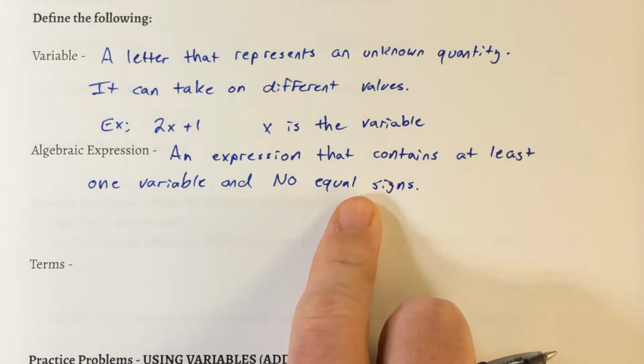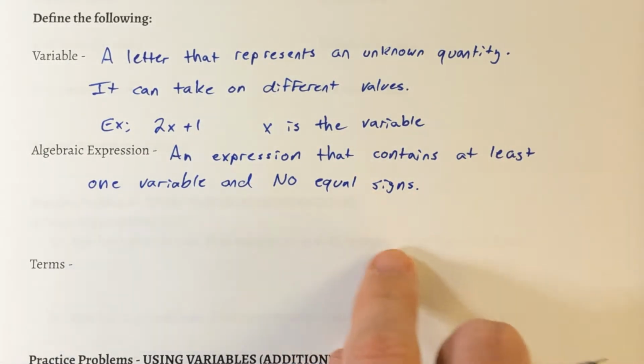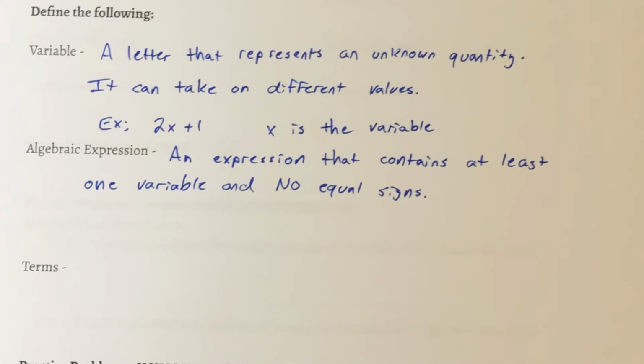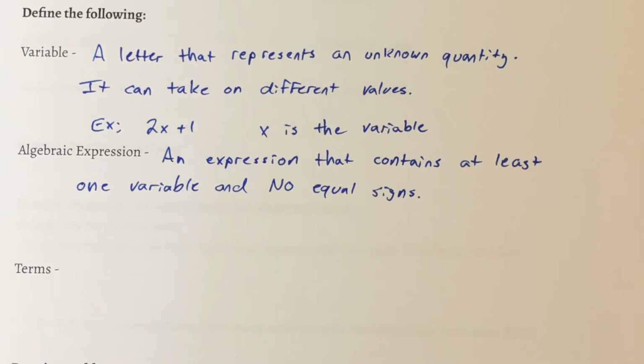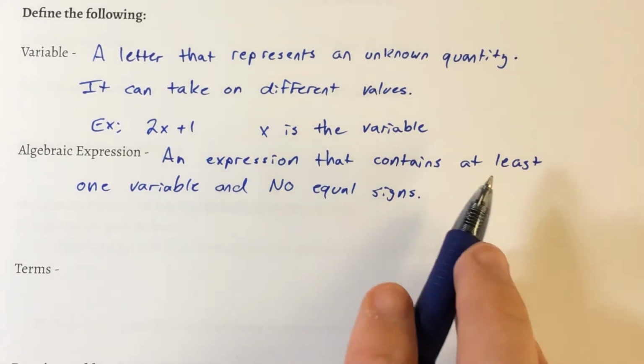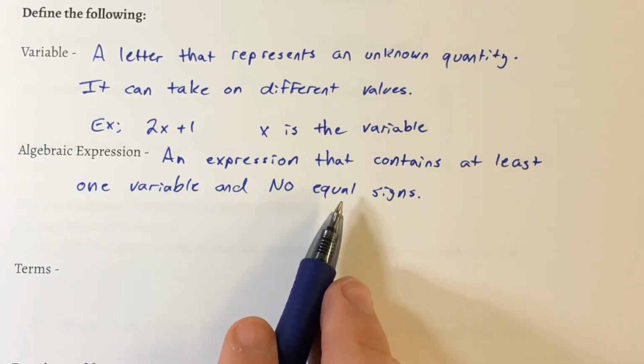If it has an equal sign, you're talking about an algebraic equation, which we will get to in another lesson. So for now, we're just dealing with algebraic expressions. That would be expressions with at least one variable, but no equal signs.